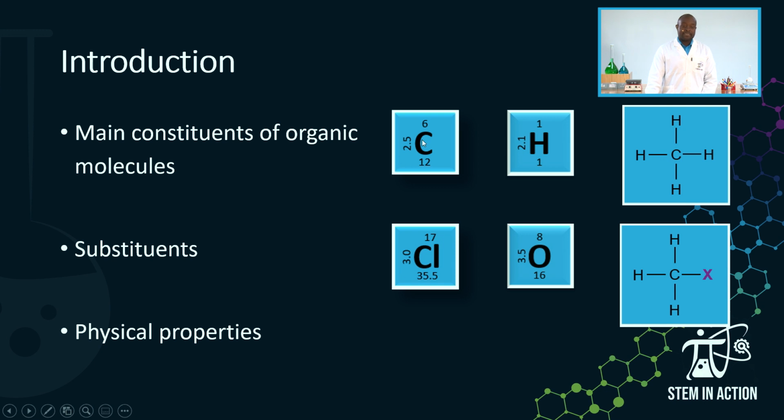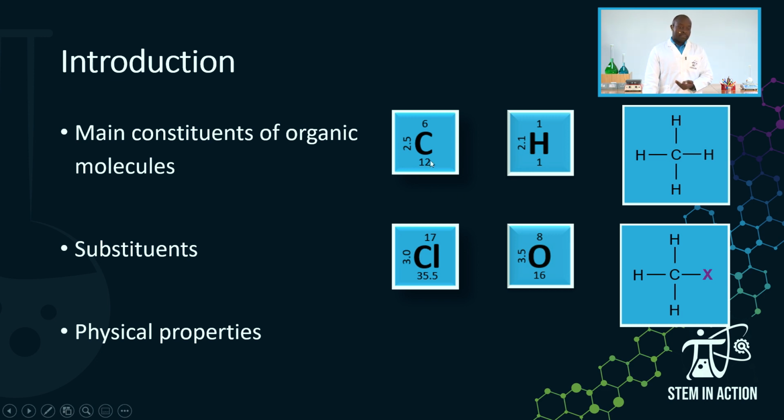What you notice is that the electronegativity difference between carbon and hydrogen is very small. In this case, it's about 0.4, which is below 1.7, which means that a bond between a carbon and hydrogen is going to be a covalent bond.